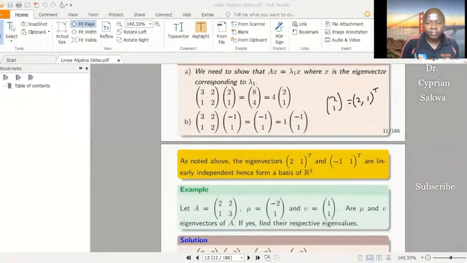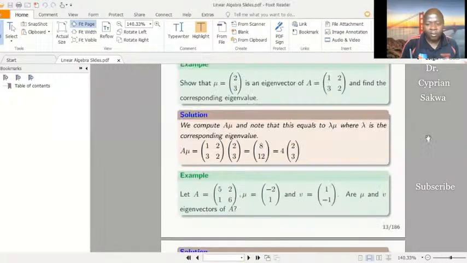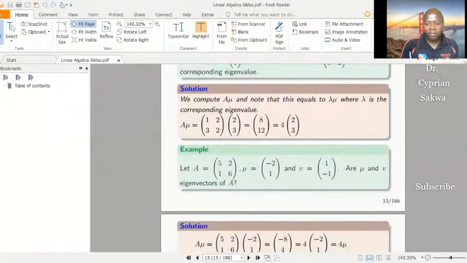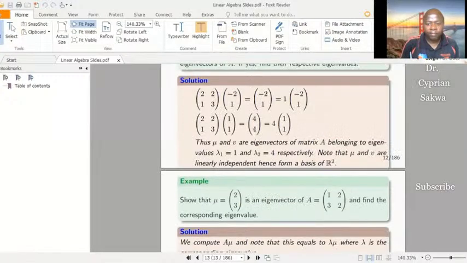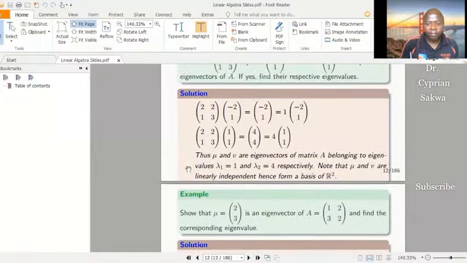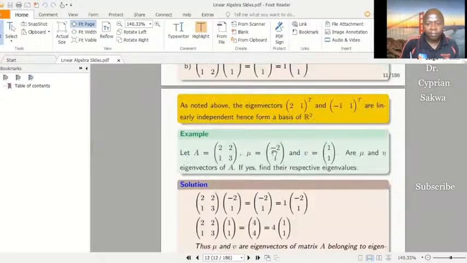Let's look at this other example. The example says, let A be this matrix, and then I have this vector here, mu, and the vector v here. The question is, are mu and v eigenvectors?